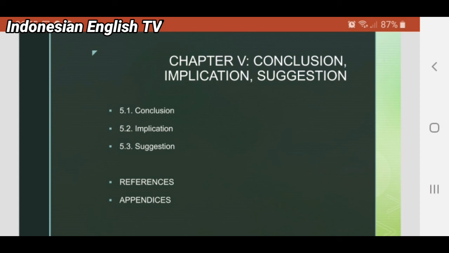You can search on the internet for the APA style, 7th edition. And then you have appendices. In appendices, you need to attach all the documentation you got from the field in order to enrich your research. And appendices must be put at the end of your thesis to complete your thesis with the documentations in the appendices.